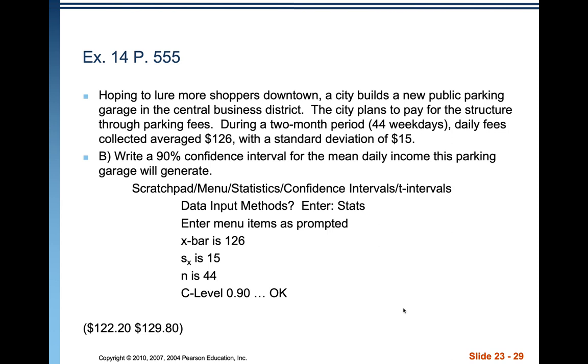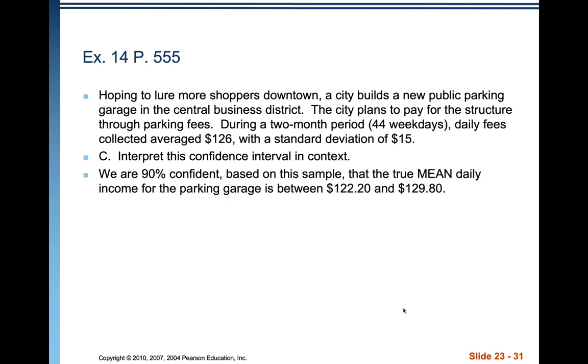S of X, that's the sample standard deviation of your observations, is 15. This one prompts you for N, so you just put in N and tell it you want a confidence level of 0.9, and it will generate your confidence interval, which is $122.20 to $129.80.